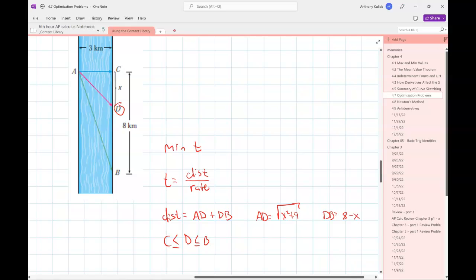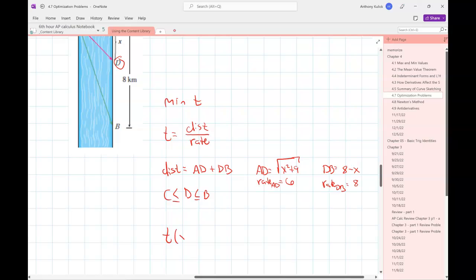Okay. What's the rate that we're traveling on the segment AD? So we can row at 6 kilometers per hour. And the rate for the running piece was 8 kilometers per hour.